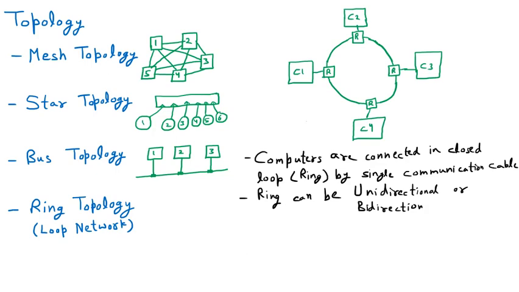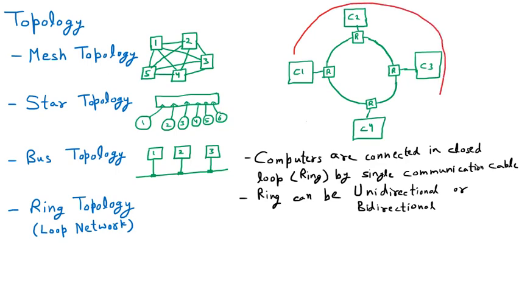But let me tell you one thing, by default, the topology is unidirectional. Unidirectional means we can send out the data only one way. Let us suppose we talk about this diagram. Now, if I start with C1, this is unidirectional. Let us suppose that it is the clockwise direction.